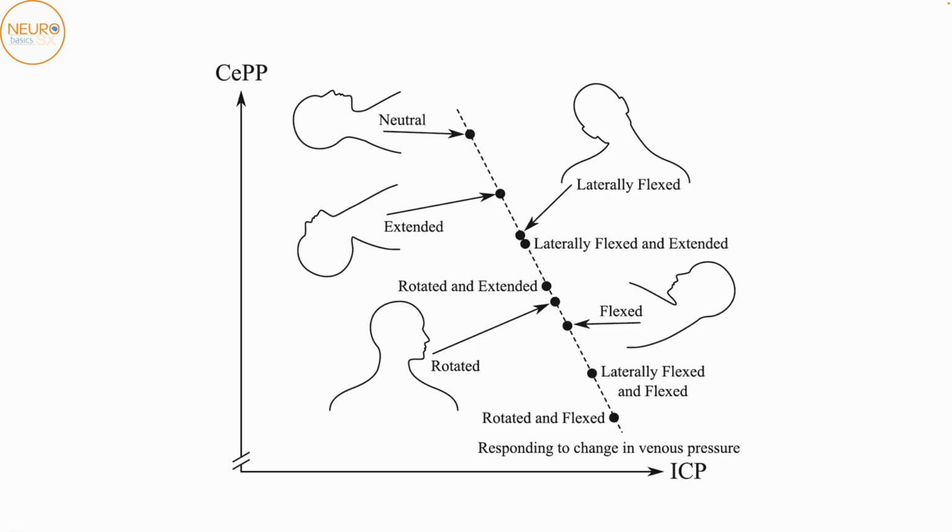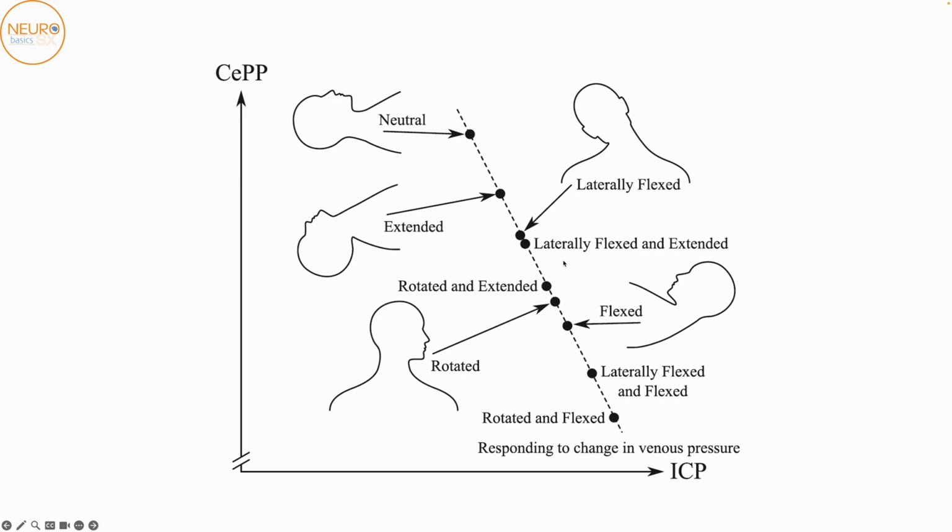So we can understand this with this picture over here. As we can see, when the position is neutral, when there's absolutely no change in the neck or the head position, that is when you have the best physiology, you have the highest cerebral perfusion pressure and the lowest ICP. Any alteration from this, you have a change in the cerebral perfusion pressure for the worse and also in the ICP such that it increases.